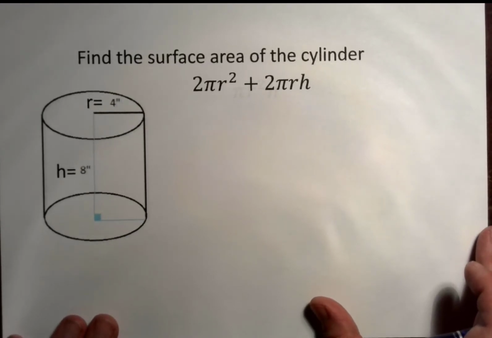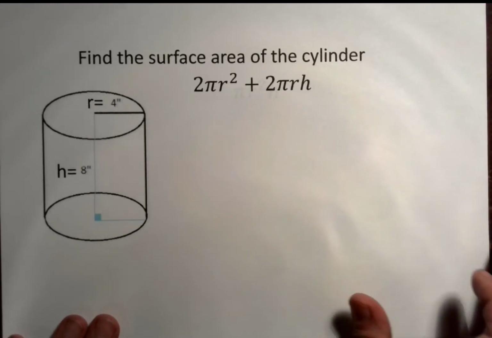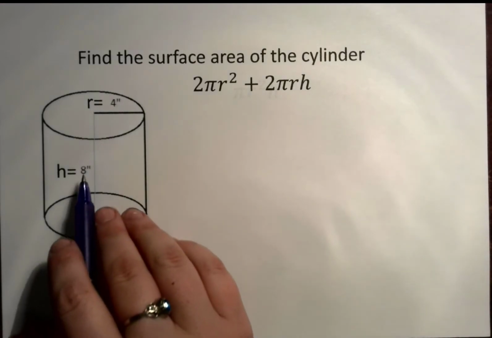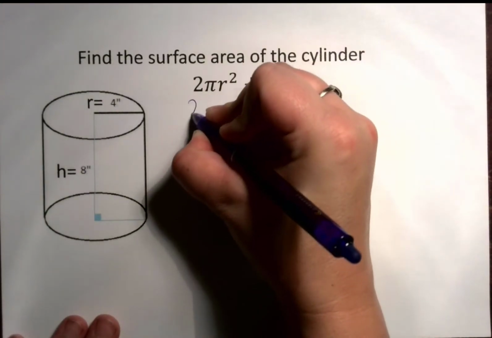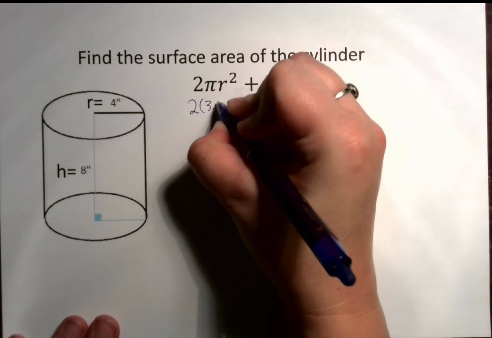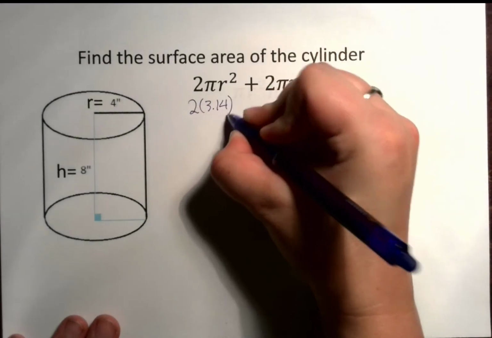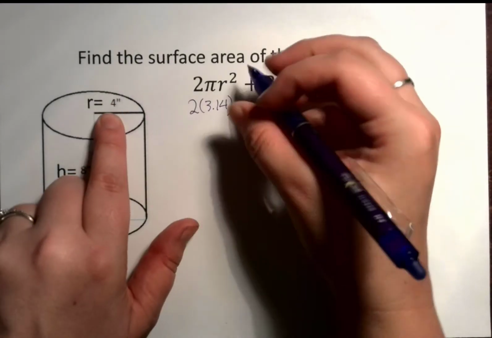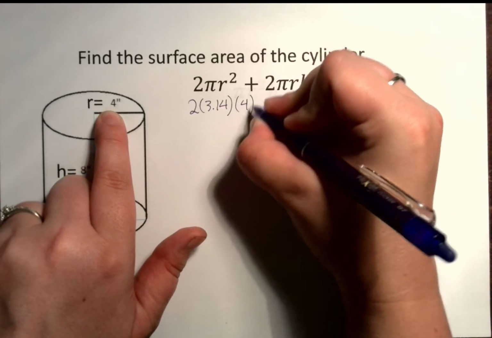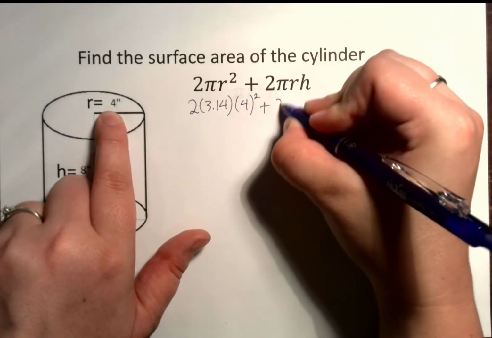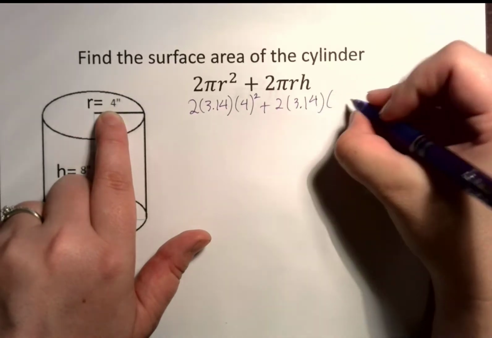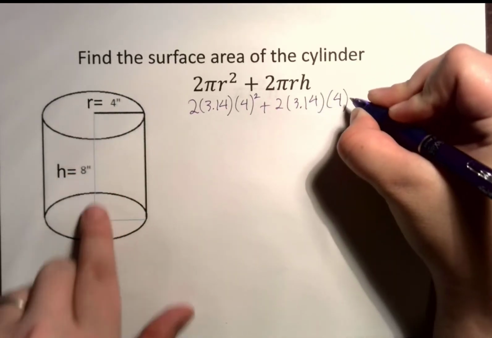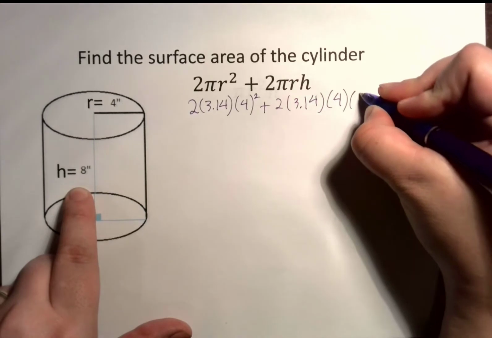All right, so looking at this one, we got inches. So again, we're just going to plug in. I'm going to go ahead and replace my pi with 3.14. My radius is 4. Times my height, which is 8.